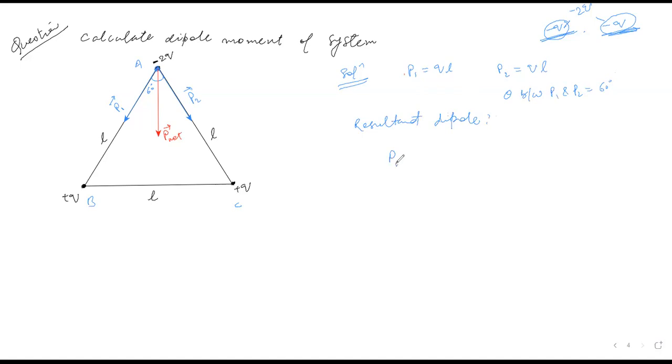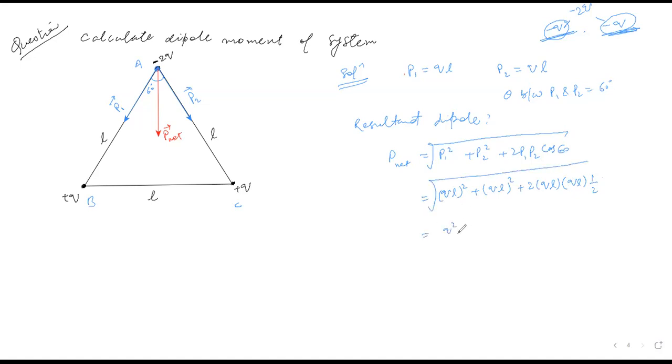The resultant dipole P net is equal to the square root of P1 square plus P2 square plus 2 P1 P2 cos 60 degrees. P1 is QL, P2 is also QL, and cos 60 is 1 over 2.